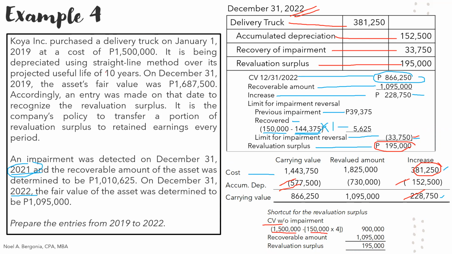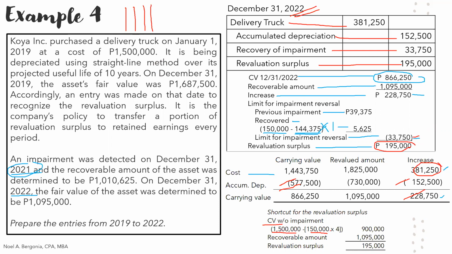Ilang taon na ba nakalipas up to 2022? 2019, 20, 21, 22. 4 years na ang nakalipas, mahal ka pa rin niya. Charot! Okay, so 4 years po yung nakalipas.